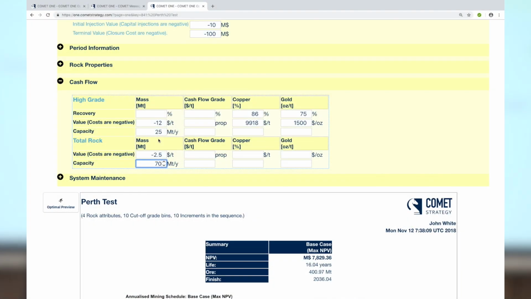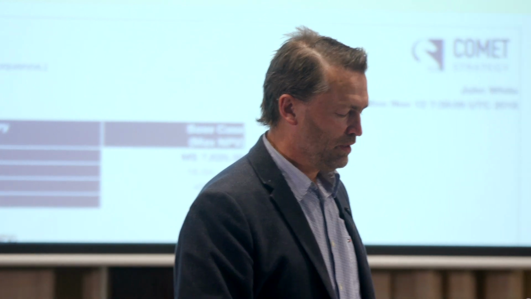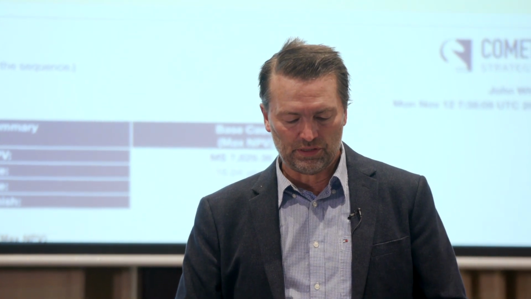And then there's a couple of questions down the bottom there. What would be the best processing capacity? What do you think would happen if we had less expensive processing capacity, additional capacity? What effect might that have on the decision? And what was the impact on the cut-off grade and the mine life as the processing capacity was increased?